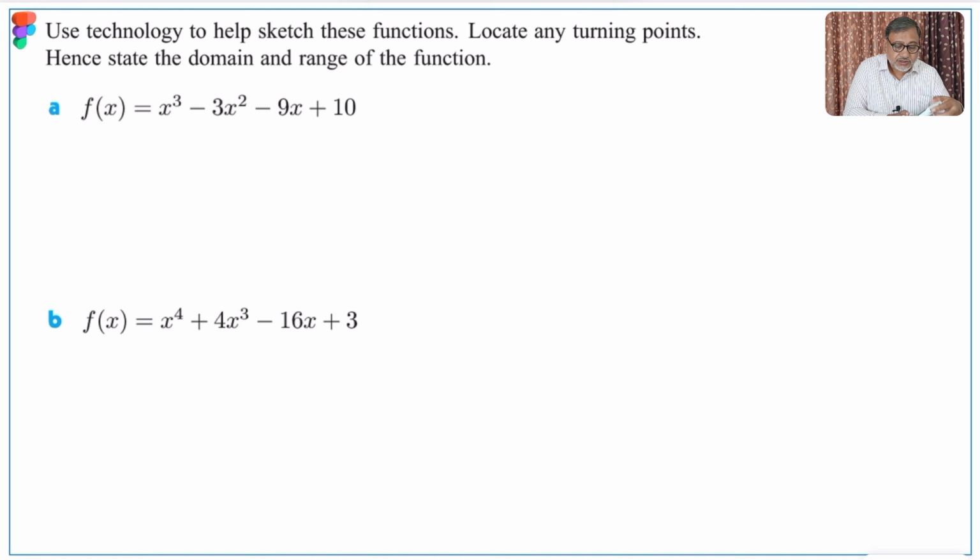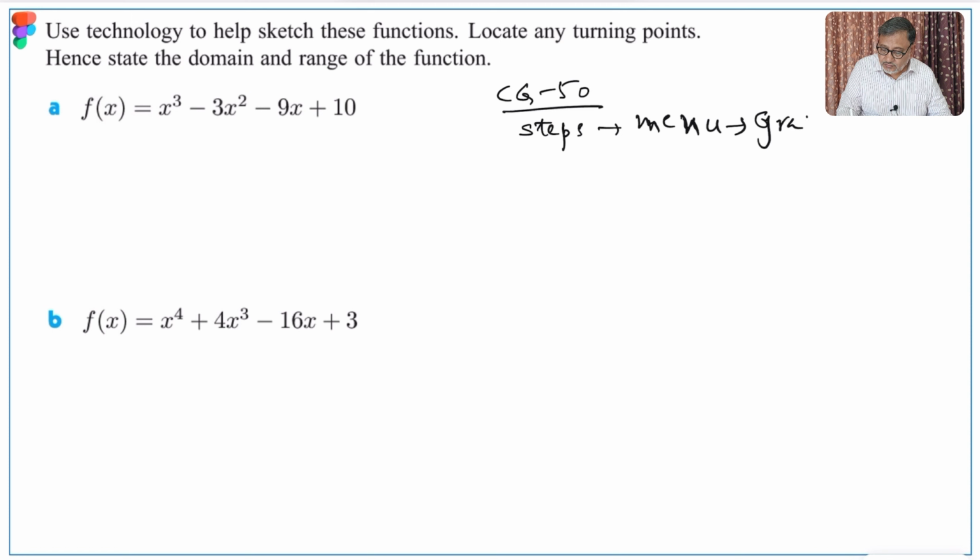Okay. Now next question, use technology to help sketch these functions. On this calculator I am going to show you how to sketch this graph. I'll write the steps for the Casio CG50. Steps: Menu, then Graph, then type the equation.